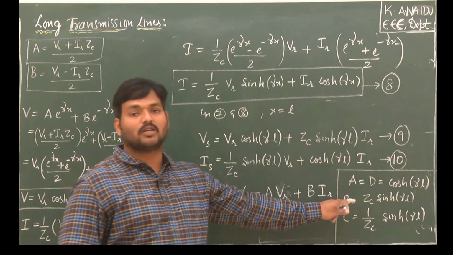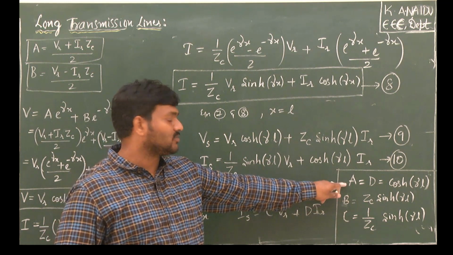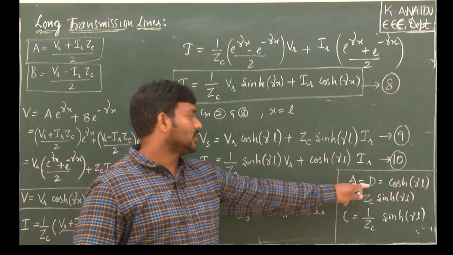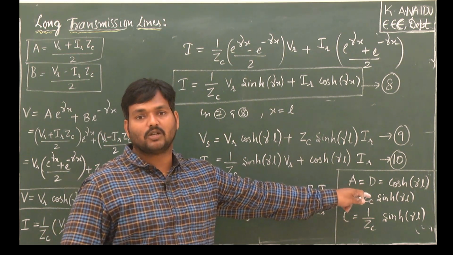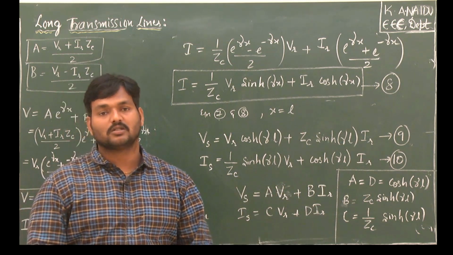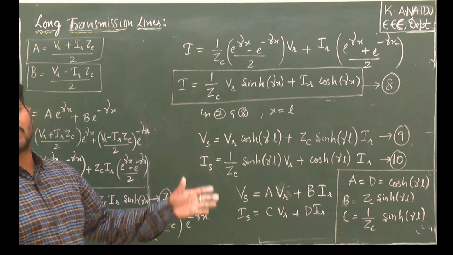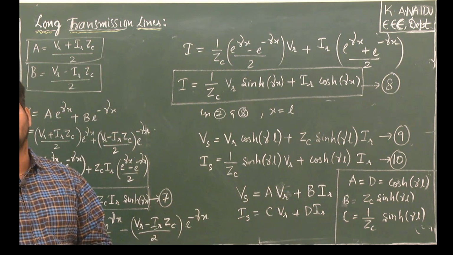The modulus of AD minus BC is equal to 1, that is the determinant of this matrix will be 1, and the coefficient A must be equal to D. So this is the method to analyze the performance of a long transmission line.